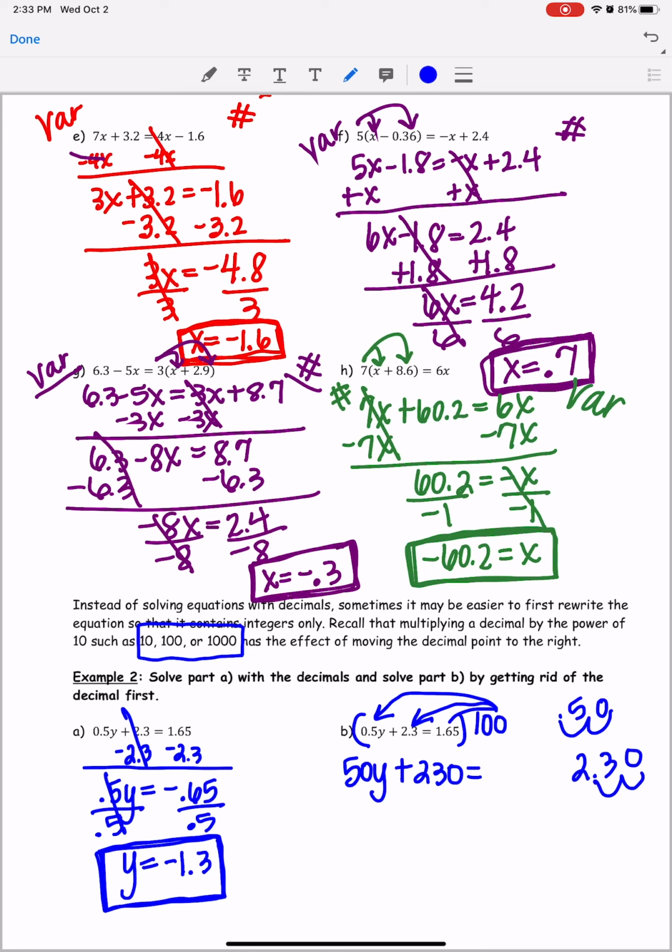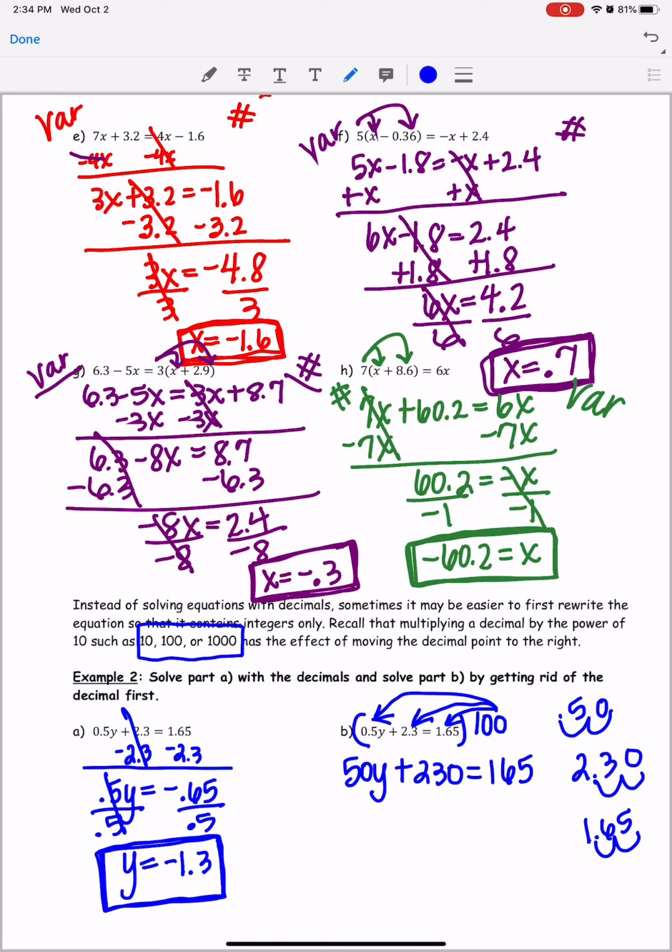And then 100 times 1.65 means we're moving this 2 times, so this becomes 165. Okay, so notice now I've gotten rid of all of my decimals. And just kind of be careful, even though you only need to multiply this one by 10, if you need to multiply one of them by a bigger number, you've got to multiply them all by a bigger number.